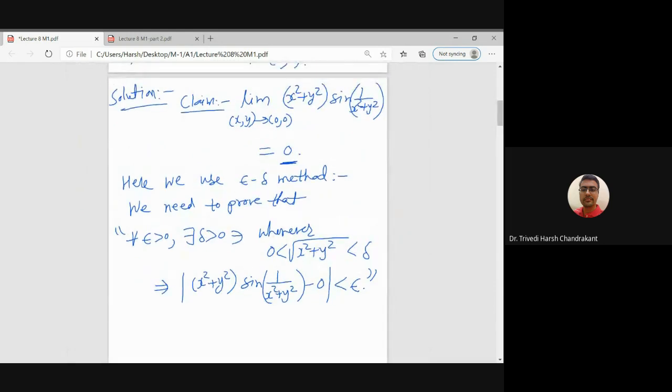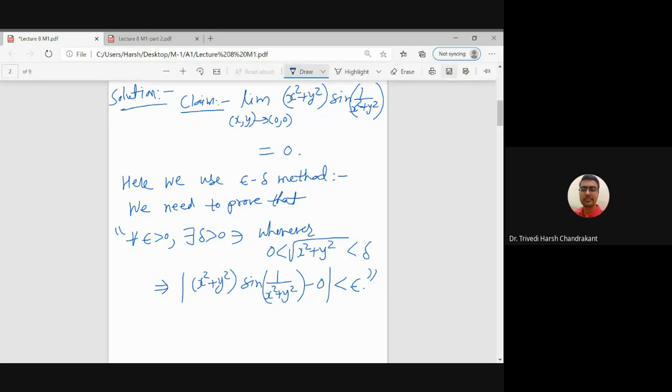Essentially, we want to show that the limit exists and it is 0. So let us see if we can prove this. If we can show that for every epsilon we can find such a delta which satisfies this property, then we will be able to say that the limit exists and the value of the limit is equal to 0.